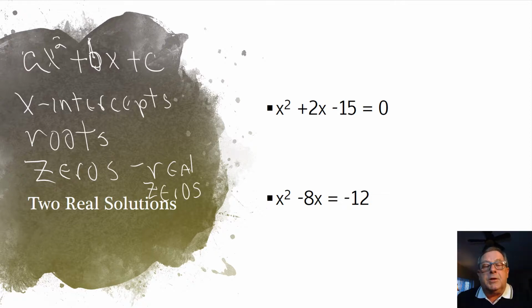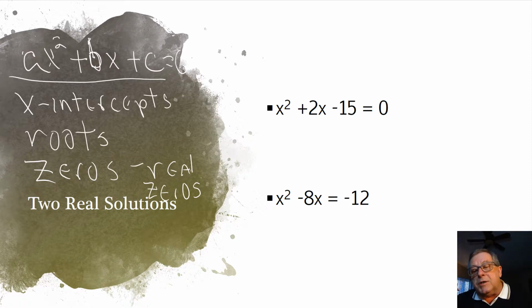Now, we can determine this by graphing, but we have to get the equation into standard form, ax squared plus bx plus c. This first equation that we're looking at, and we're going to go to the calculator in just a moment, is x squared plus 2x minus 15 equals 0. It's already in standard form.